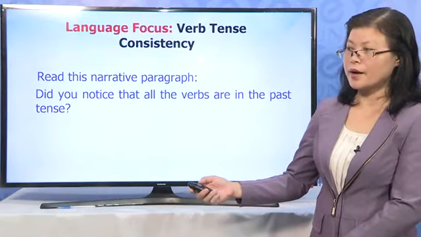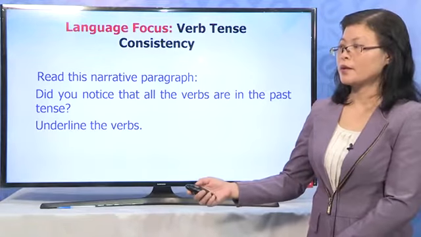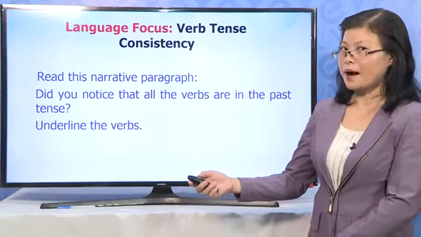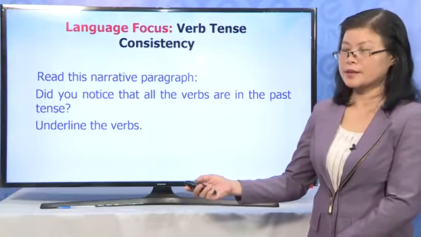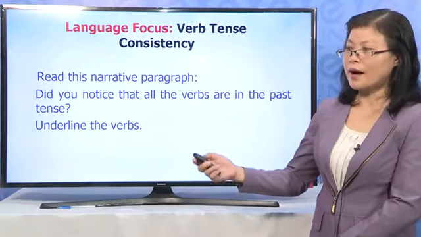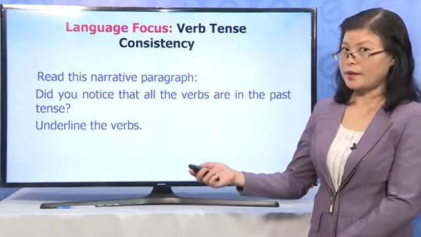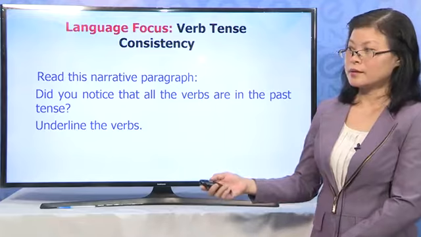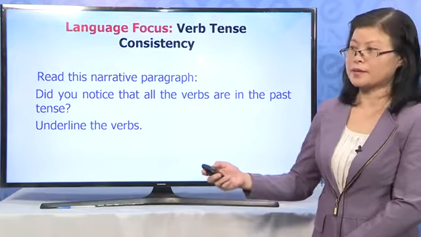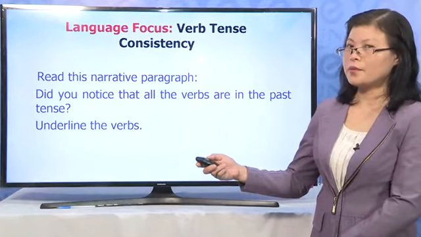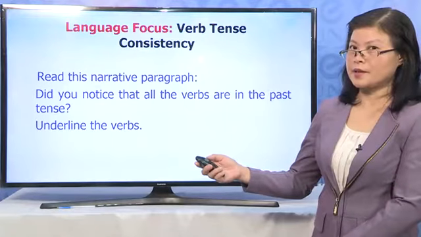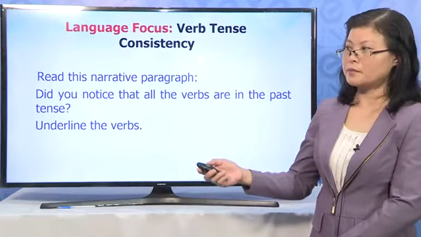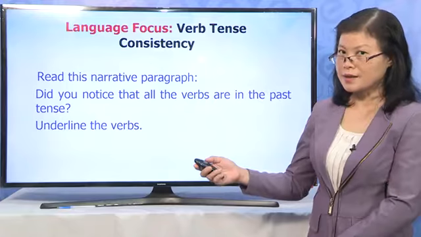Because in a narrative paragraph, the writer writes about a story that happened sometime in the past. So the verbs in the story must be consistent.